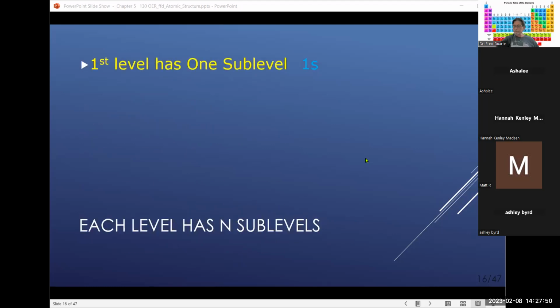The first energy level only has one sublevel, we call it the S, and its notation is the 1 in front of the S. So that denotes the first energy level in the S orbit.